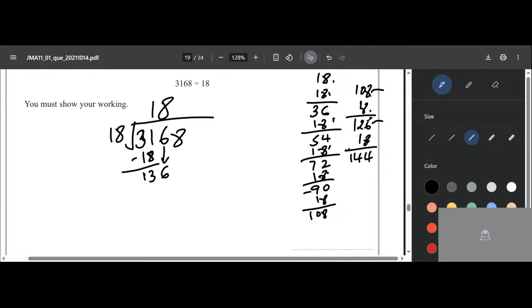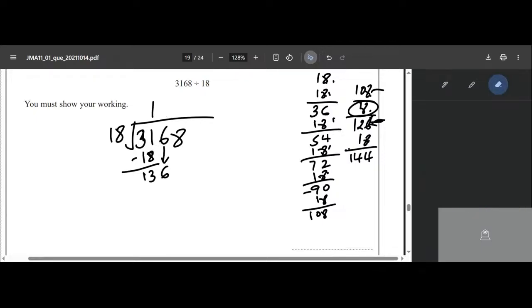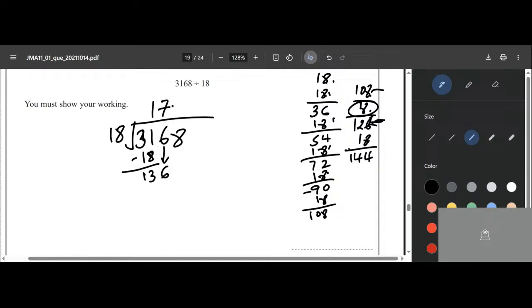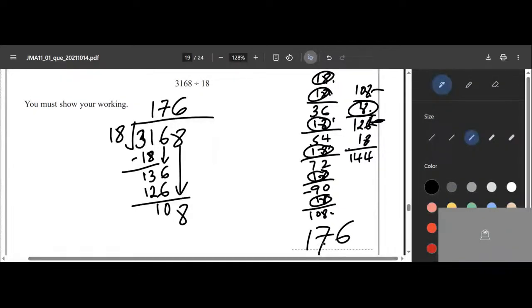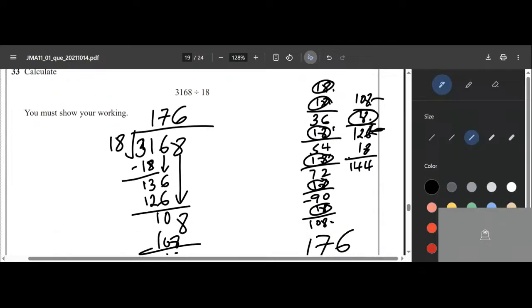So it's supposed to be 7, so that we reach 126. So 7 times 18, it is 126. But I'm left here by 10. Bring down the 8. You can see the 8 already here. So it is 1, 2, 3, 4, 5, 6. 6 times, making my right answer to be 176 as the right answer for question 33.